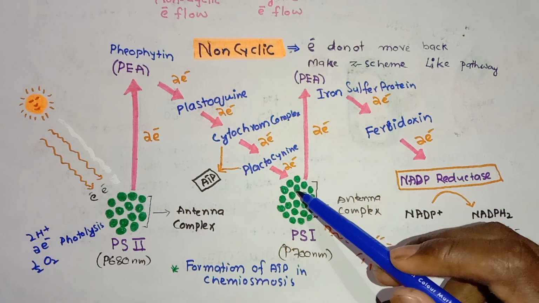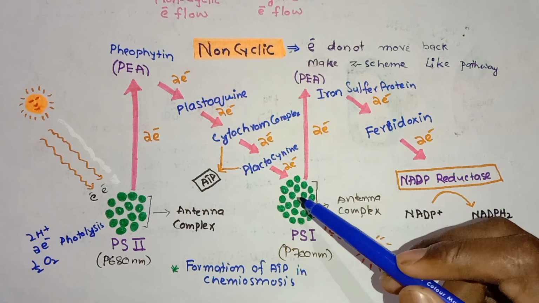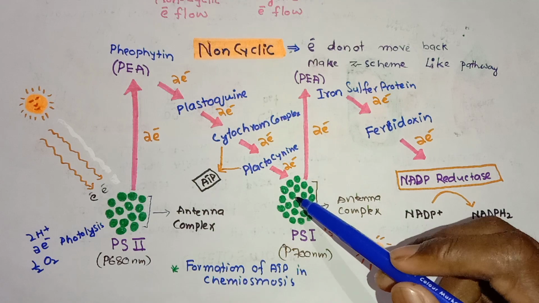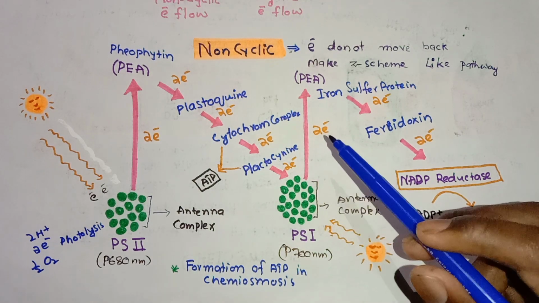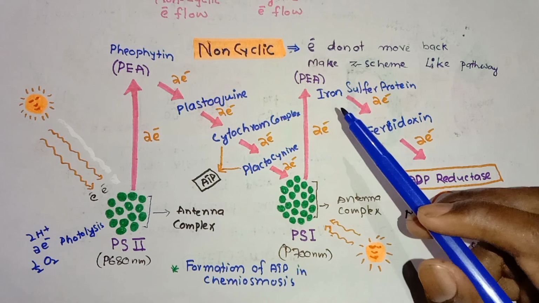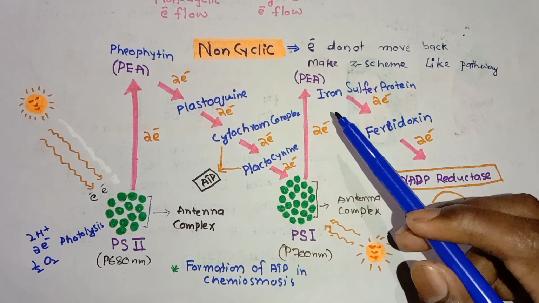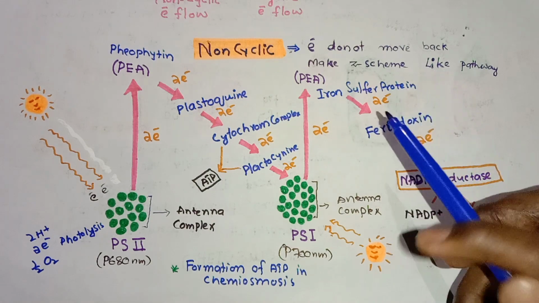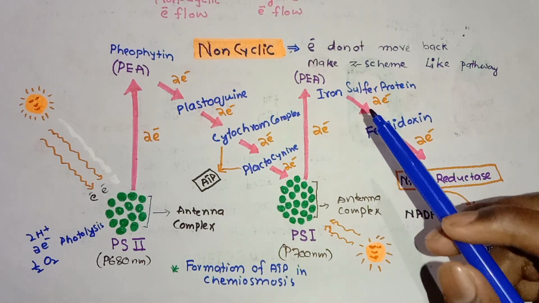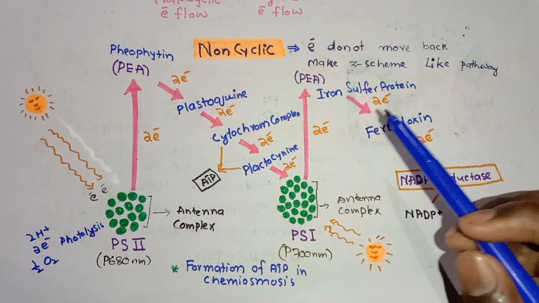The gaps that come in are filled by the pair of electrons, and the excited electrons go to the primary electron acceptor, which is an iron sulfur protein that accepts the pair of electrons.